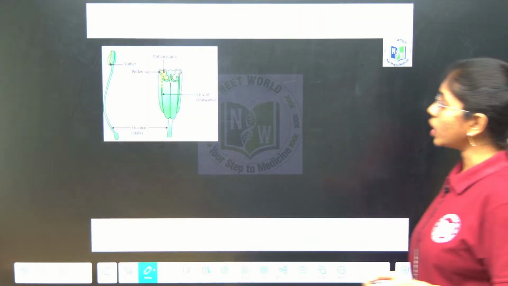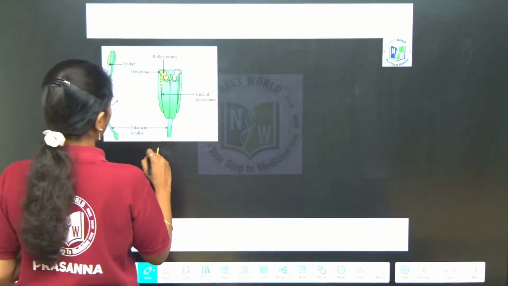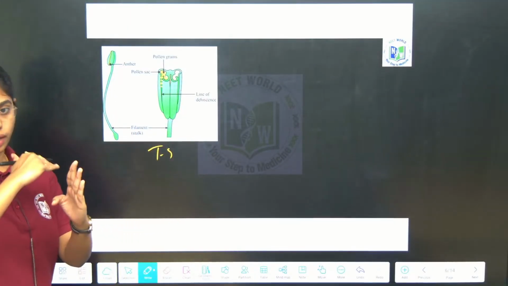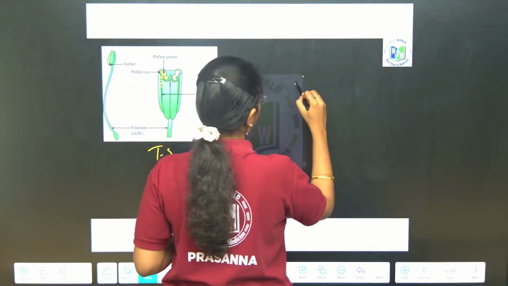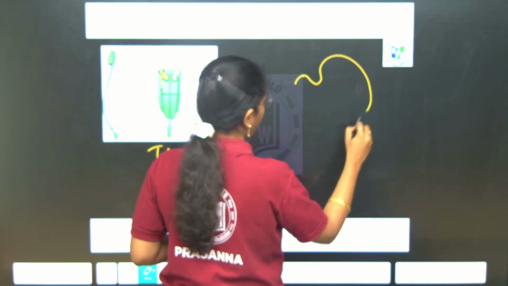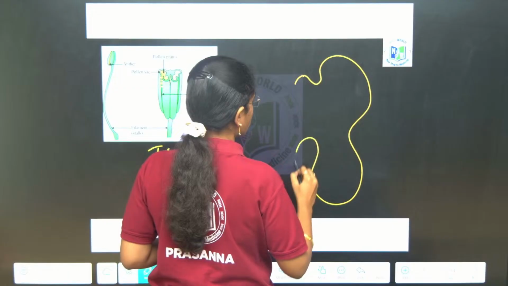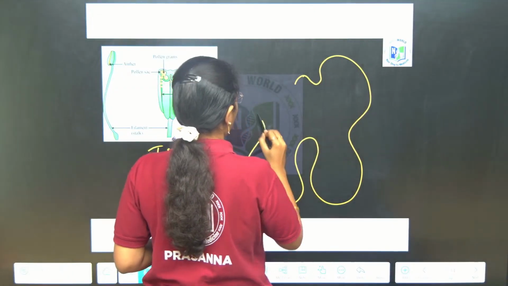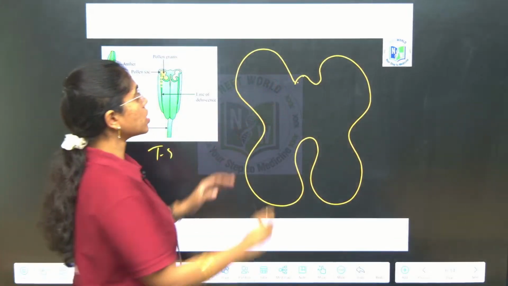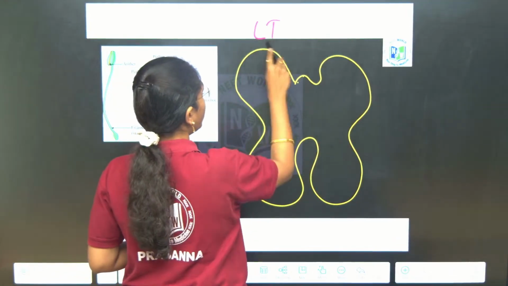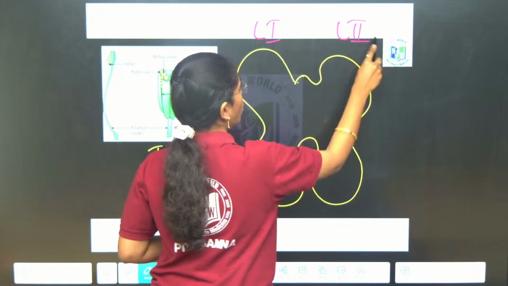If you do a transverse section of the anther, the bilobed anther will be like this. This is considered as lobe 1 and this is lobe 2.